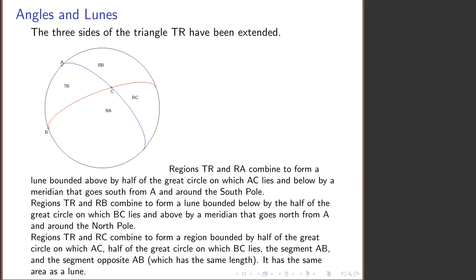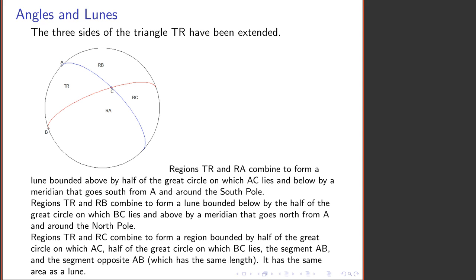Now let me define a loon. Remember common notion 9 of Euclidean geometry? Two lines cannot enclose a region or enclose an area.